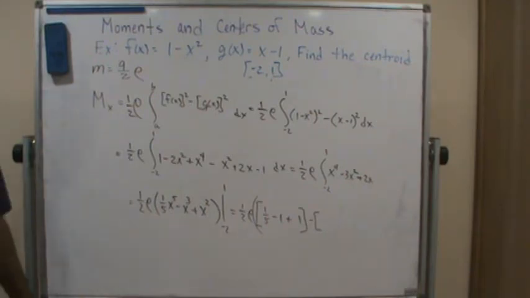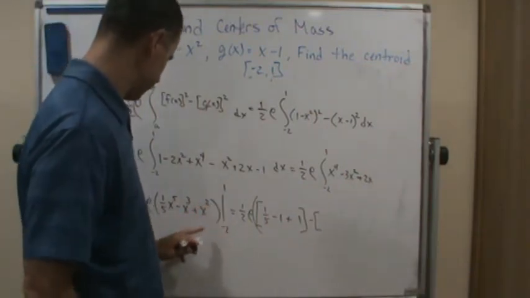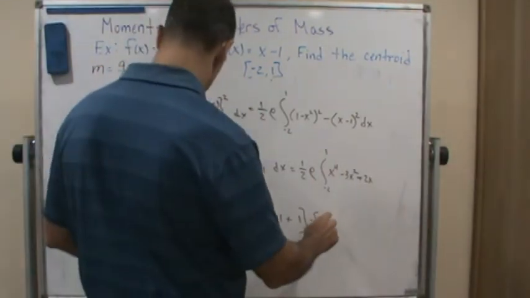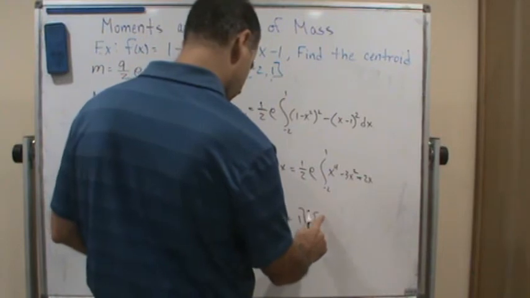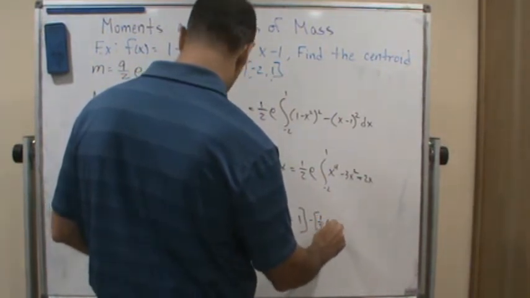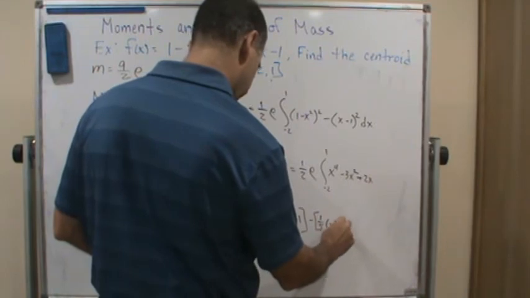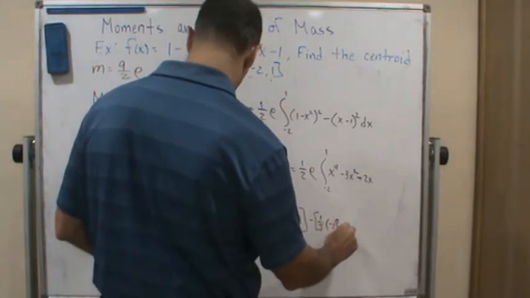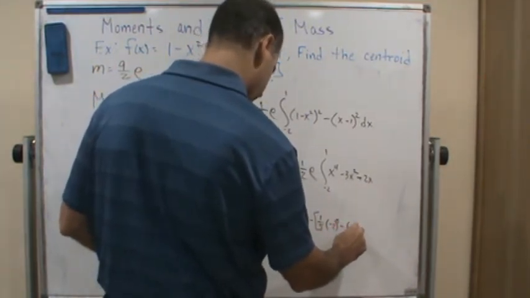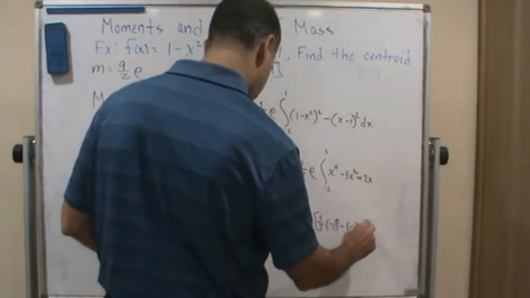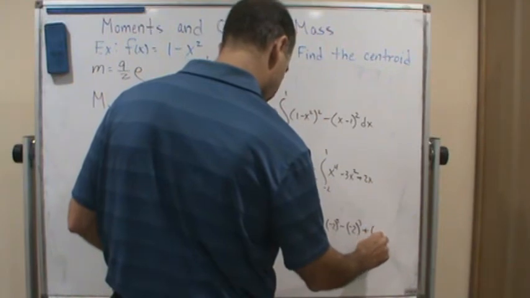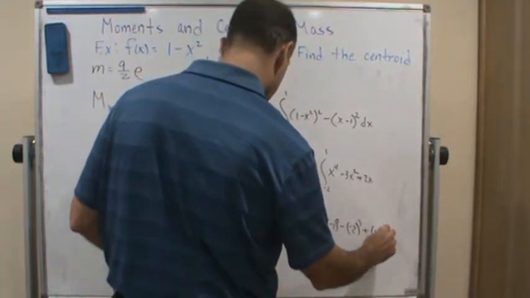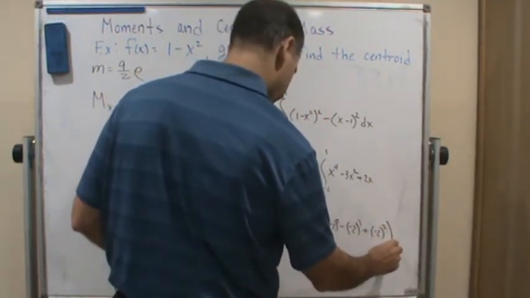And so now we're going to evaluate at -2. So this is going to become 1/5 times -2 to the 5th minus -2 to the 3rd plus -2 squared.